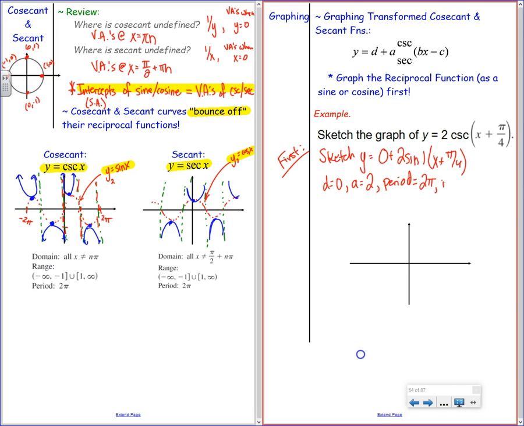Now where's my initial point? Do you remember this one? It's been a while. 0 would be the y value because sine starts in the middle, which is d. D is the y value.